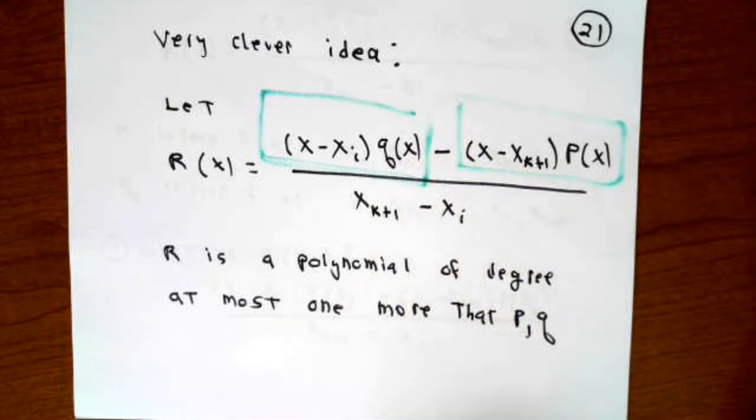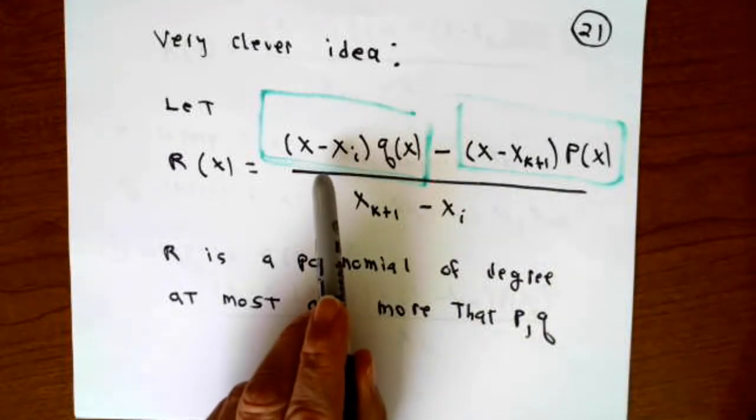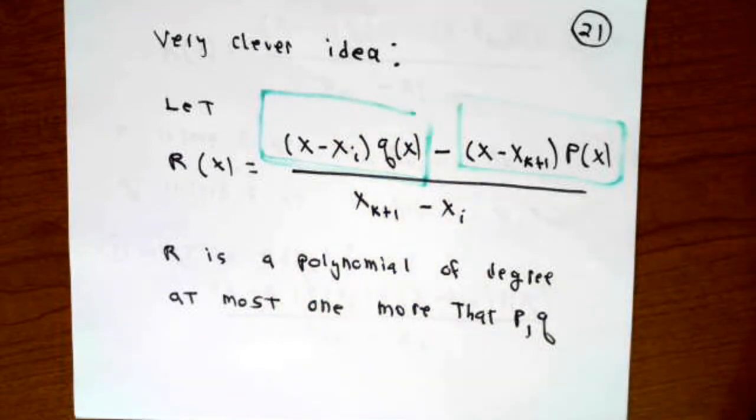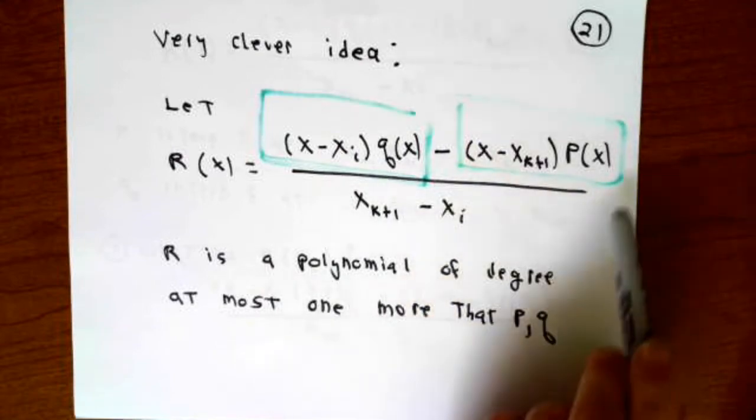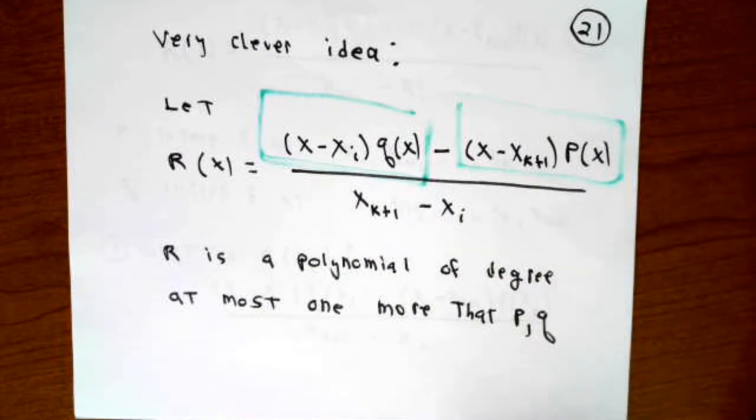Upstairs, I'm going to take the polynomial that goes with the bigger indexed x values, and I'm going to multiply it by x minus the smallest indexed x value out of the entire collection. I'm going to subtract away the polynomial p of x, which interpolates my original data at the smaller indexes. This would be i through k rather than i plus 1 through k plus 1.